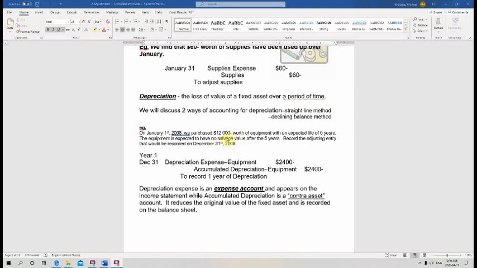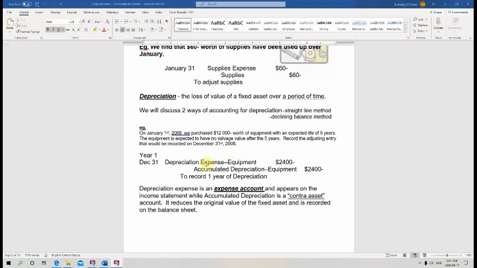Okay, so it has no salvage value. Record the adjusting entry that would be recorded on December 31st, 2008, or the end of the fiscal period. If we take 12,000 and divide by 5 years, that's going to give us how much it loses value per year.